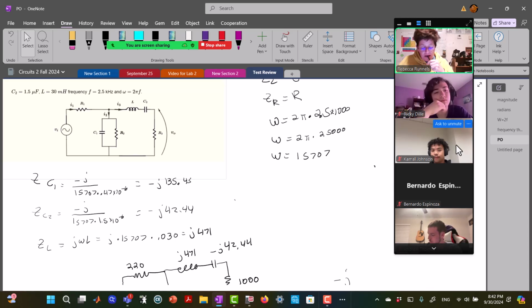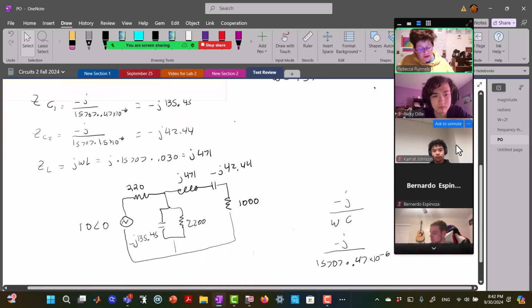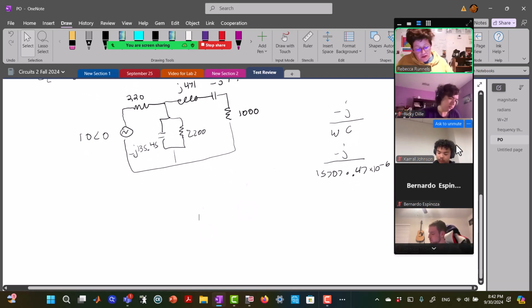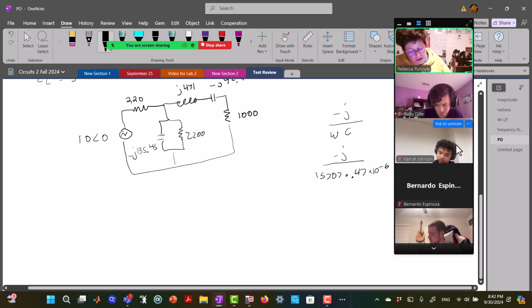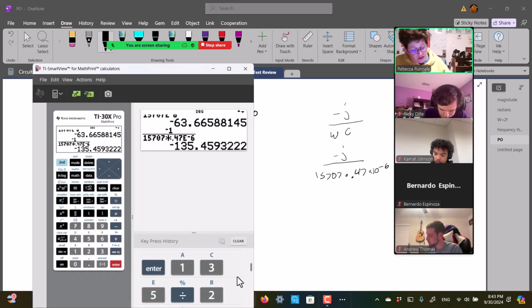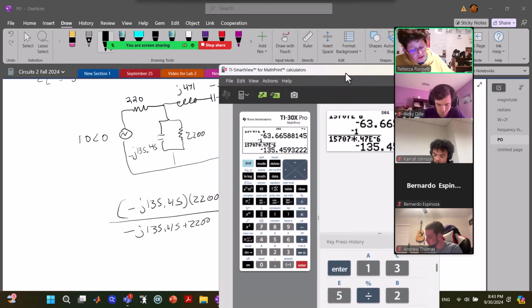I always like nodal analysis, but we could also do mesh. But I think the first thing I would do with this one is to combine those two middle that are in parallel. The ones that are in parallel will be minus J 135.45 times 2200 over minus J 135.45 plus 2200. I'm now no longer concerned about not using my calculator, so I will do that.